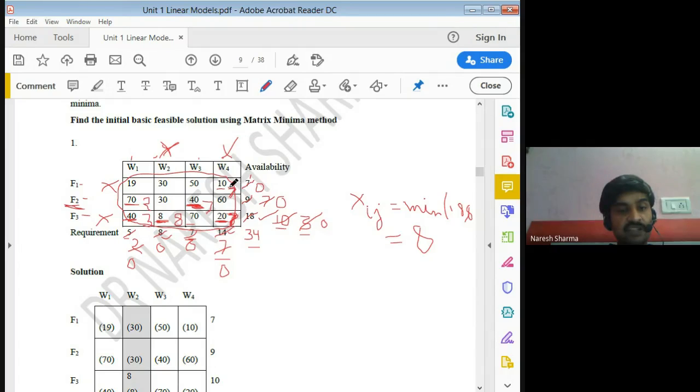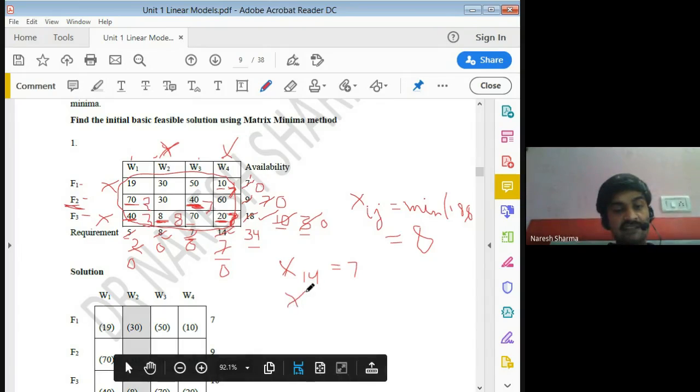So we allocate X14 as 7 units. Just check the matrix.